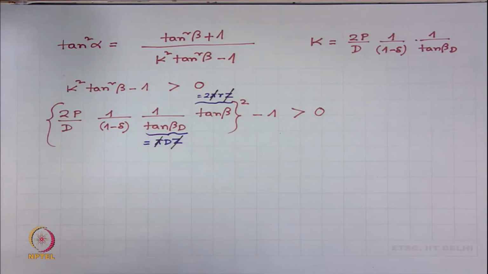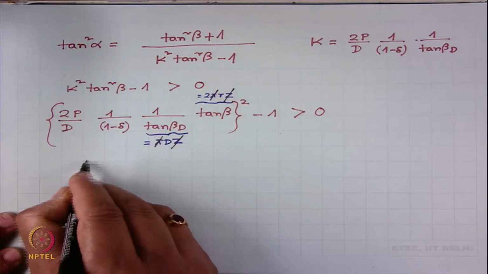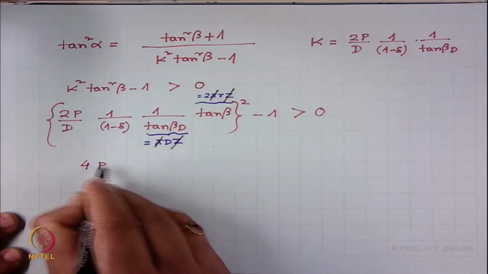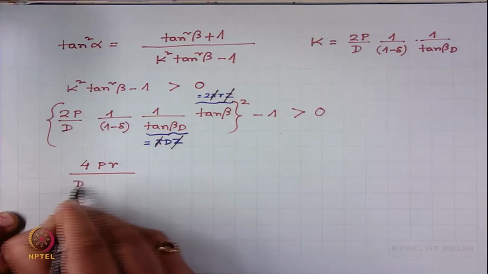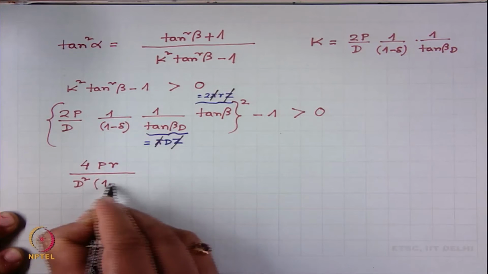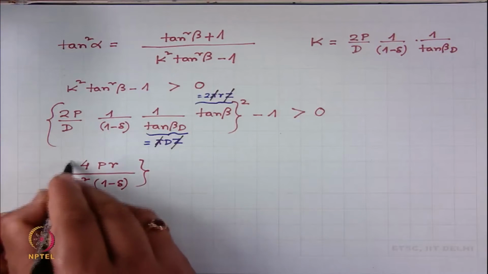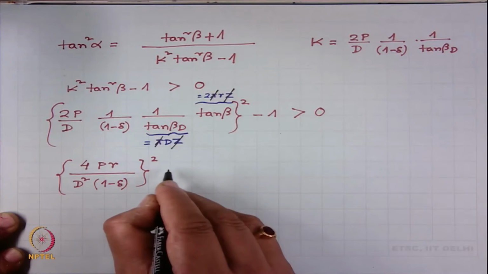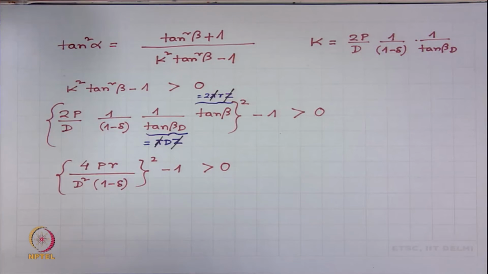So, what we are left with is 4 p r over d square, 1 minus retraction, minus 1 greater than 0, right.